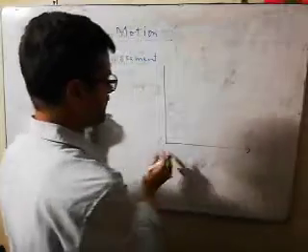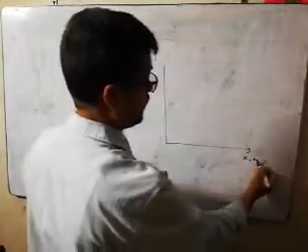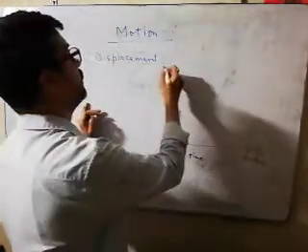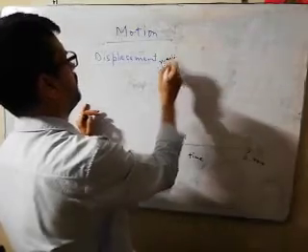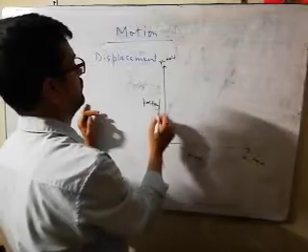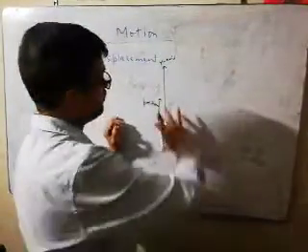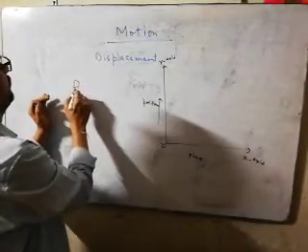See, this is the x-axis when we are taking time, and on the y-axis we are taking position. So with respect to time, the position of the object, that is very simple.